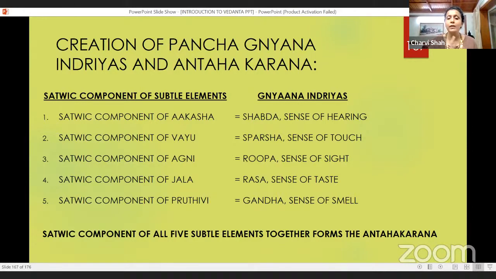And the sattvic component of Prithvi gives rise to the sense of smell. So basically, the sattvic components of these individual elements are responsible for the sense organs of knowledge, the 5 Jnanendriyas, which are part of the Sukshma Prapancha, the Sukshma Sharira.